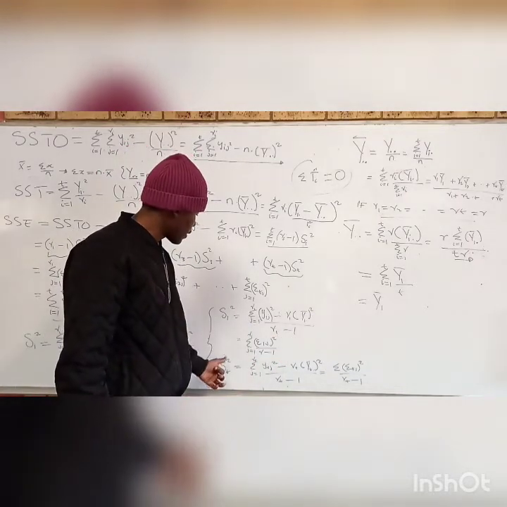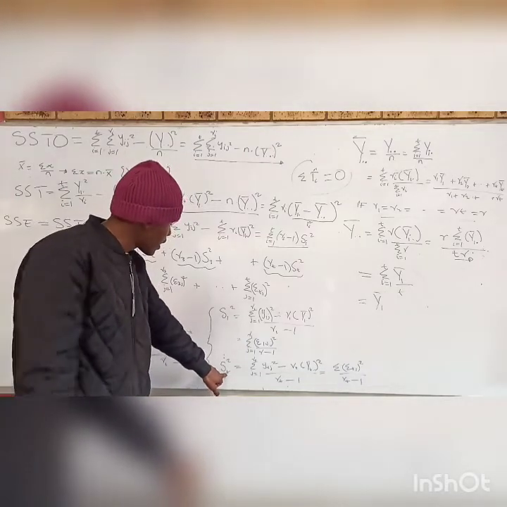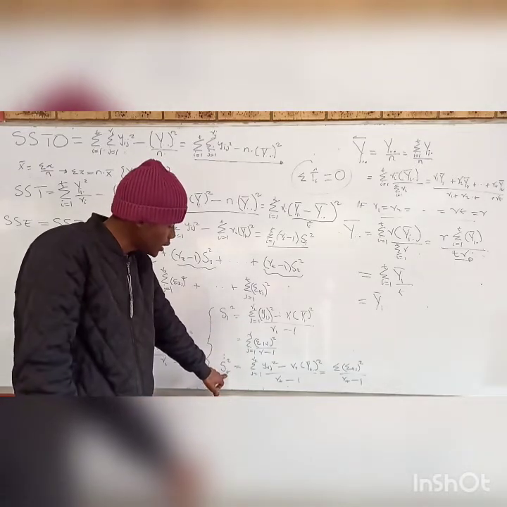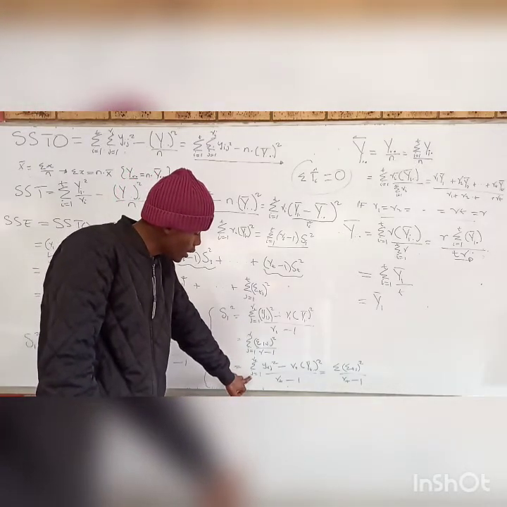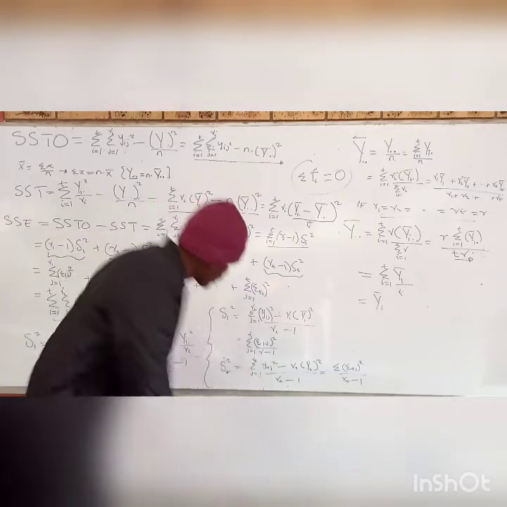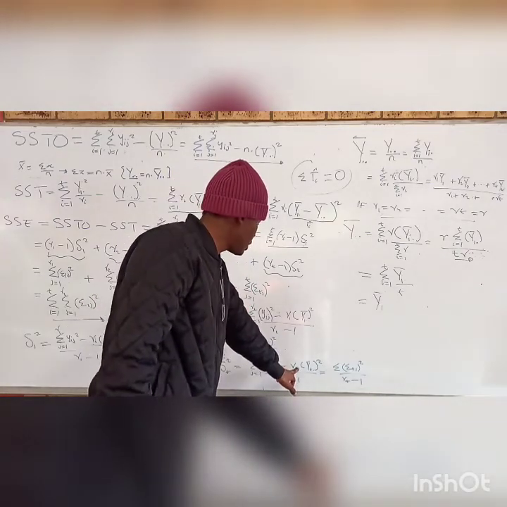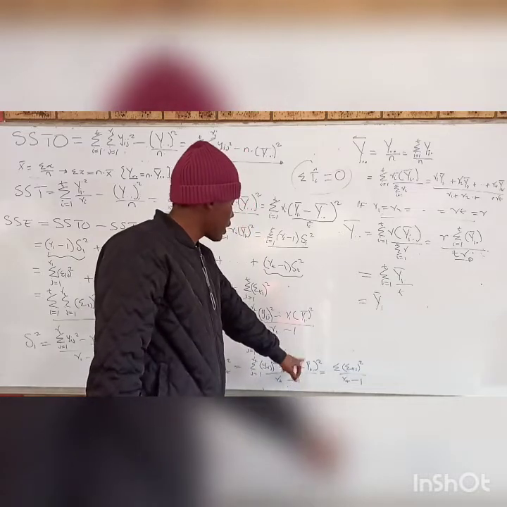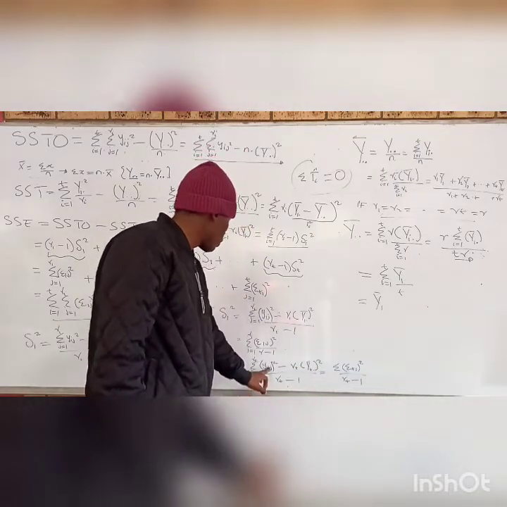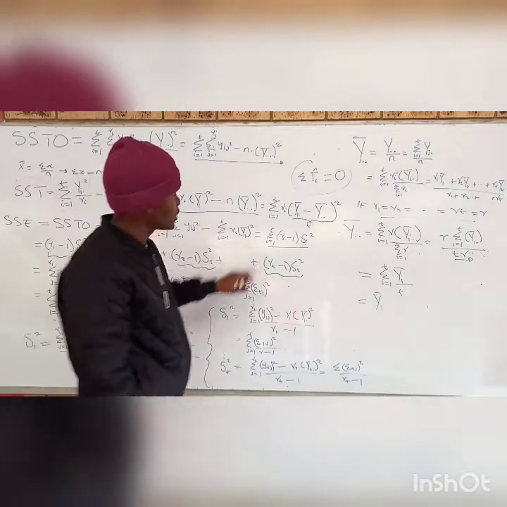So in a symbolic way, since we know that we have T treatments, S_T is given by the sum from j equals 1 to RT of YTj squared, as you can see here, minus RT times Y bar dot T all squared, divided by RT minus 1. So that's why this formula is very important.